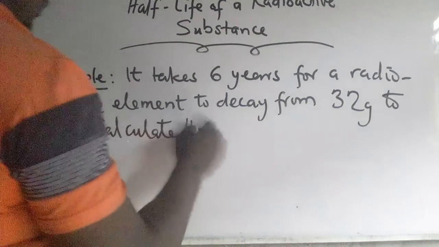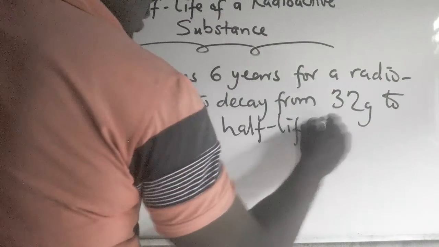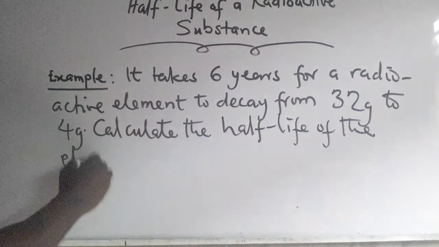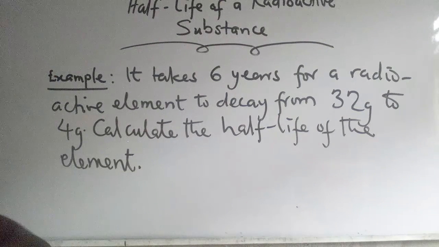Calculate the half-life of the element. Now the question says, it takes 6 years for a radioactive element to decay from 32 grams to 4 grams. Now calculate the half-life of the element.